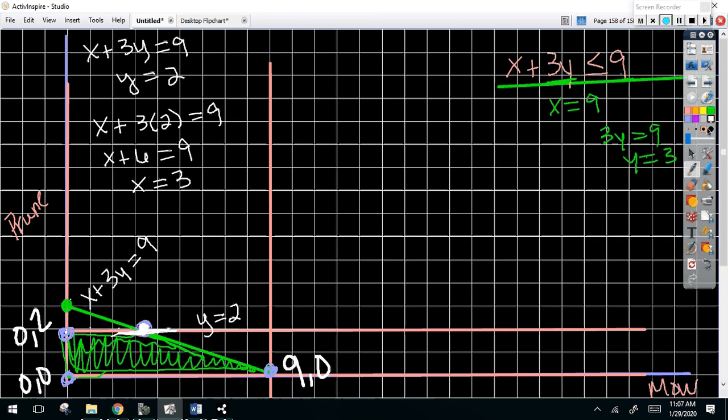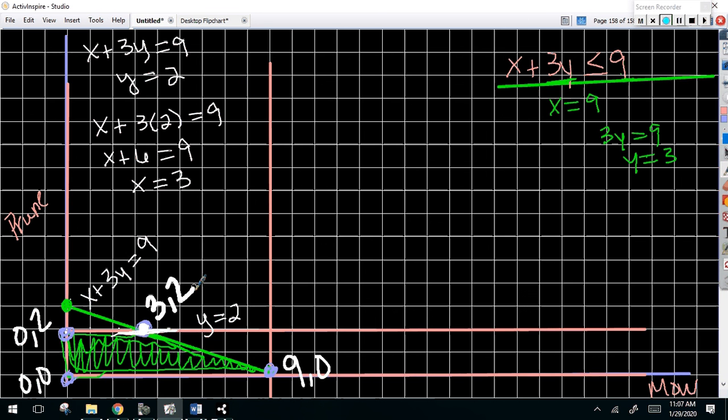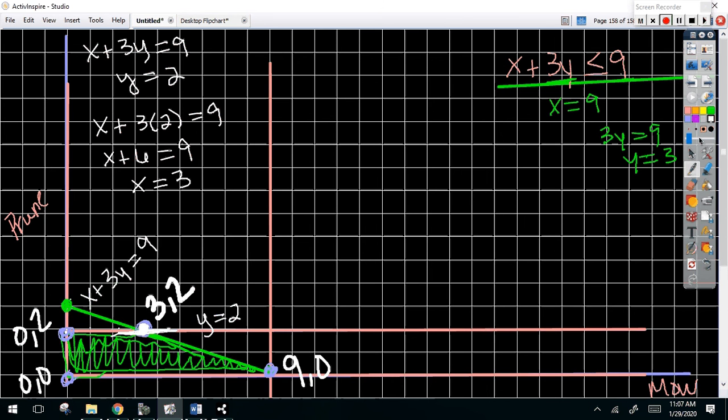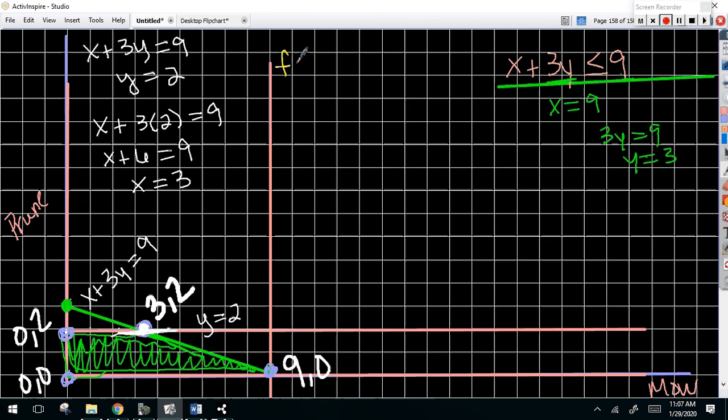All right. I have not yet answered the question that I was asked to start with. The question was how many mows and how many prunes should I do in a day in order to maximize the amount of money that I bring in? I came up with this function, 40x plus 120y.